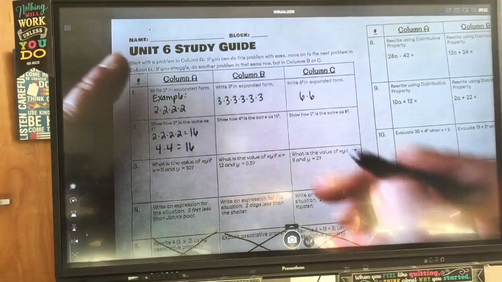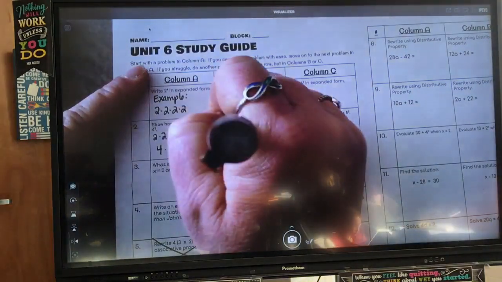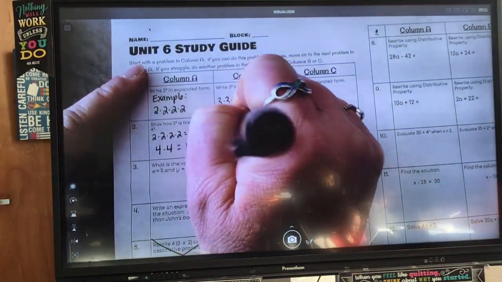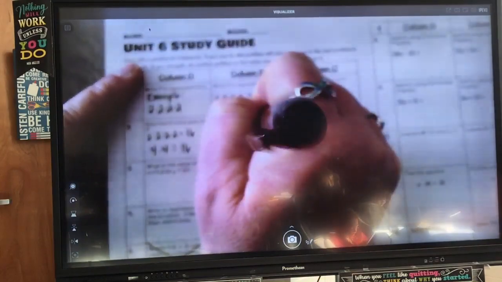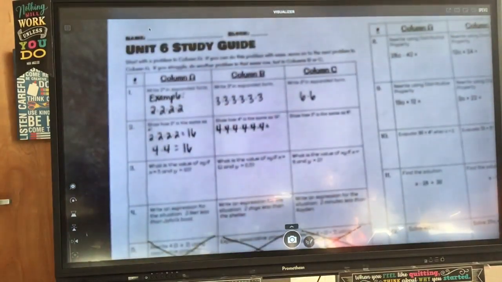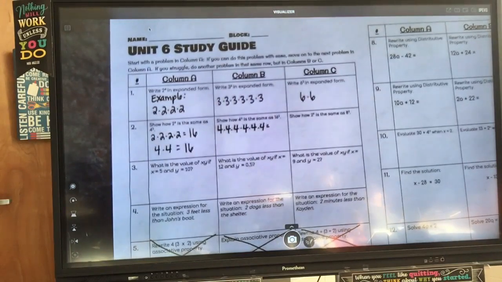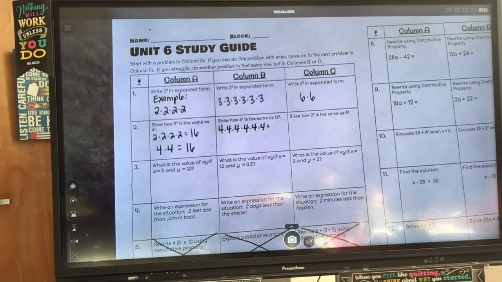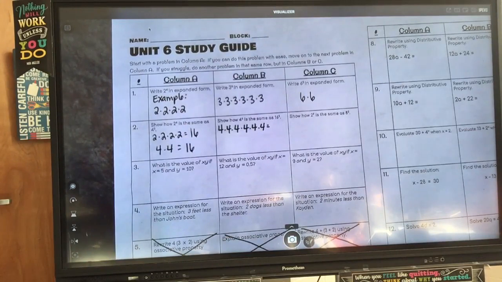So 4 to the 6th power equals what? Aiden? 48? 4 times 4 times 4 times 4 times 4 times 4?